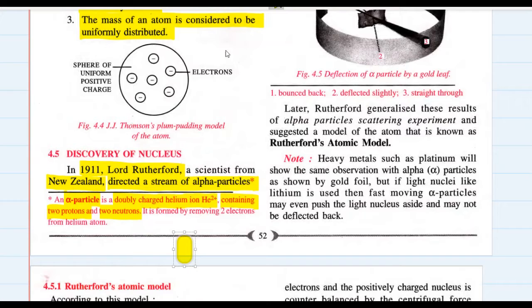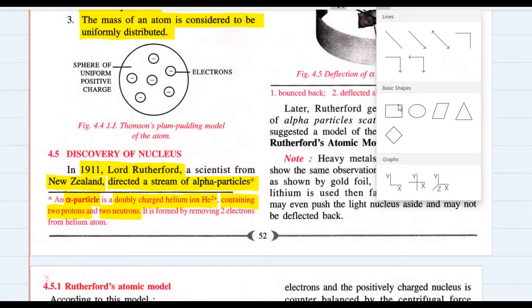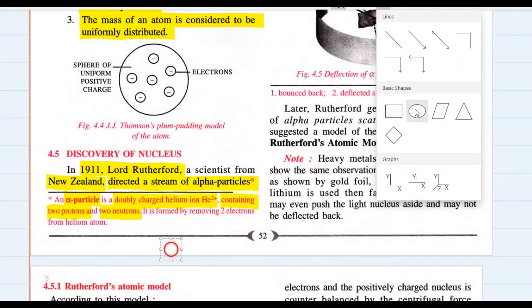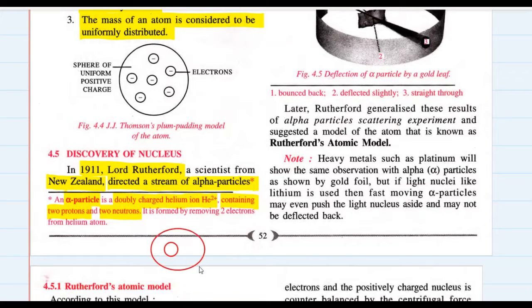So it has this small nucleus and one shell. Inside the nucleus there are two protons and two neutrons, and in the first shell there are two electrons.